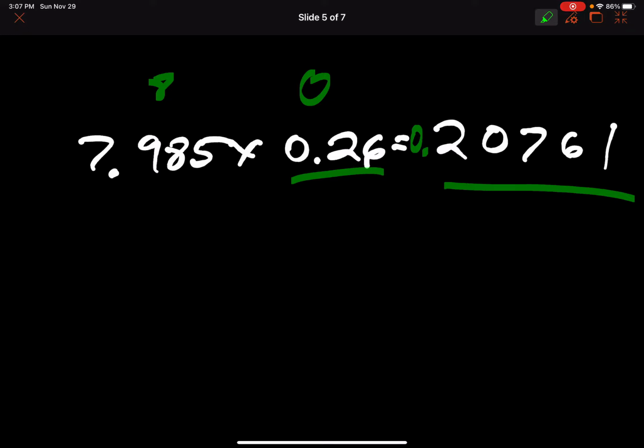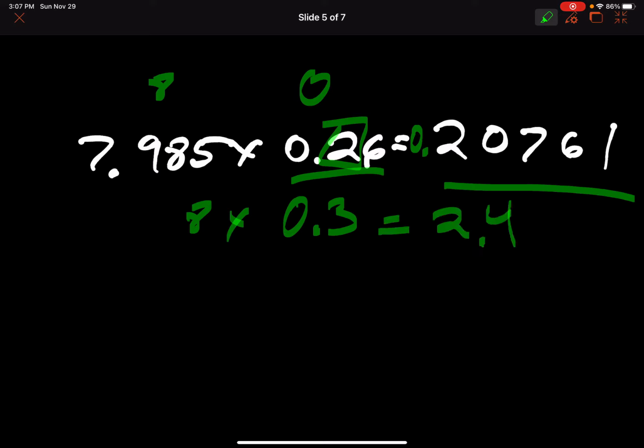Instead of rounding to the nearest whole number, you should round to the leading digit, which is going to be this 2. So I would actually be multiplying by 3/10. So 8 times 3 is going to be 24, and the decimal is going to go in here.